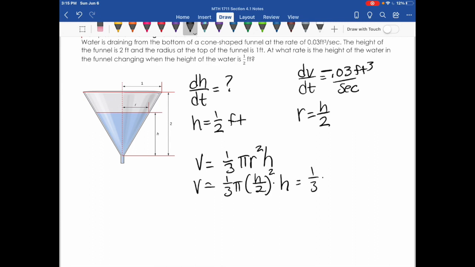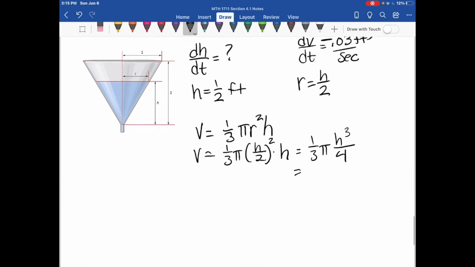Now, when we simplify this, I'm going to get 1/3 π, and I have h squared times h. That gives me h to the 3rd. And then in the denominator, I square that 2, so I get a 4. And then I can continue to simplify this. If I multiply the denominators of 3 and 4, I can have π h to the 3rd over 12.